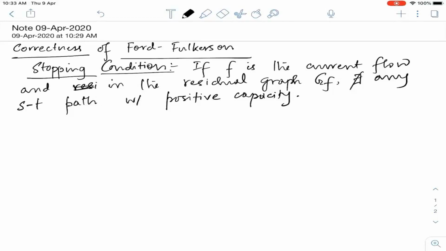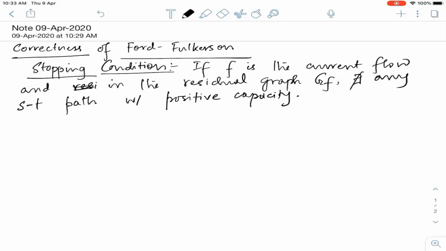So the way we are going to prove this is the following. We would be using the notion of an ST cut, which we had also introduced last time. So I hope everyone remembers what an ST cut is. It's simply a partition of the set of vertices into, let's say, two disjoint sets A and B, such that S belongs to A and T belongs to B. So that is a requirement.